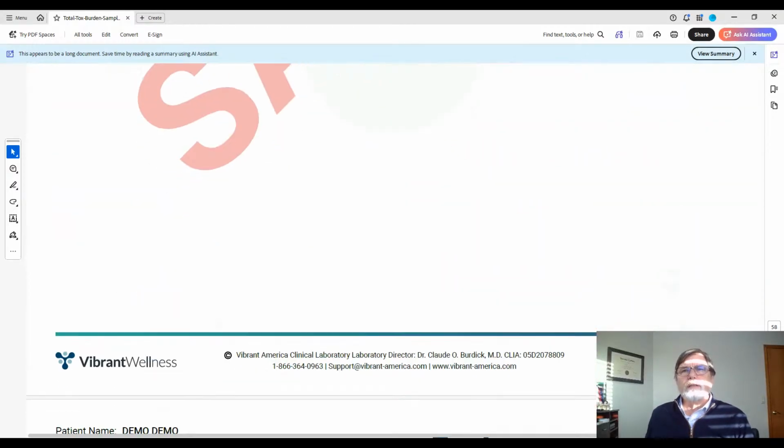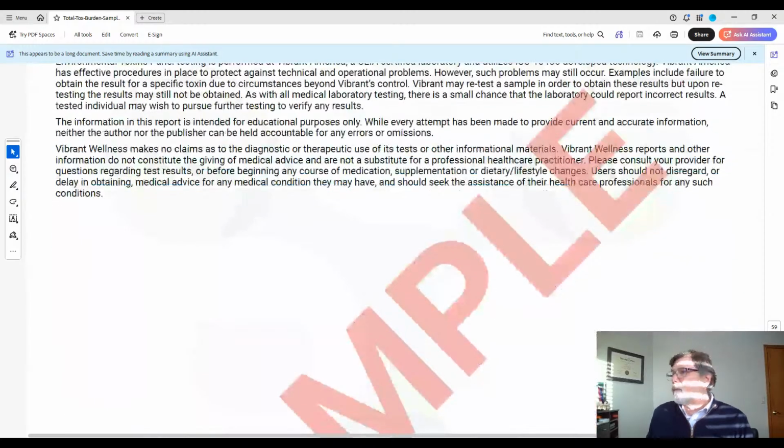So this is the total toxic burden. And what that means, basically, is, what do toxins do? Sun's coming through my curtains. I didn't notice that I'm striped. Well, what do toxins do? Toxins just dim down your physiology, right?